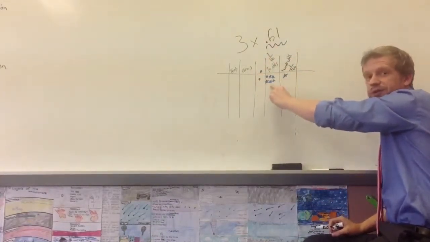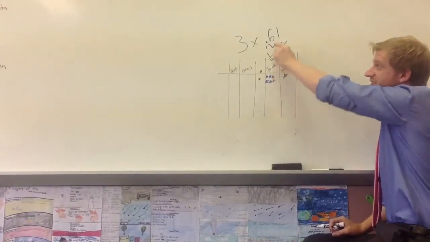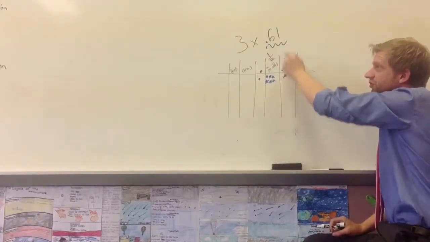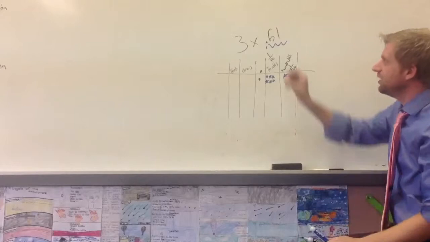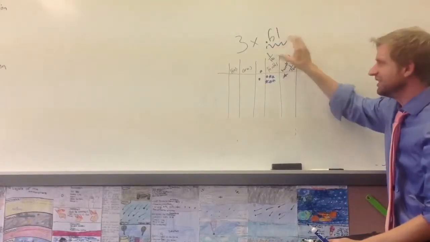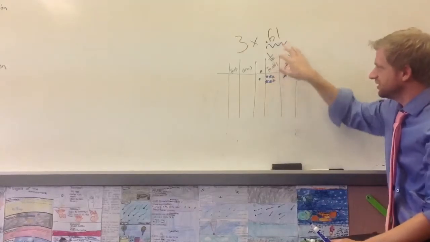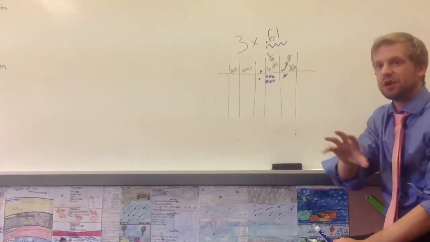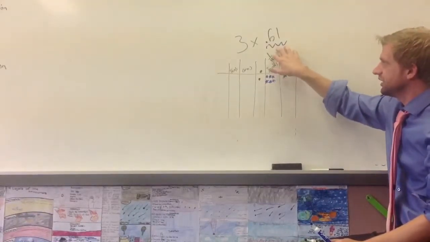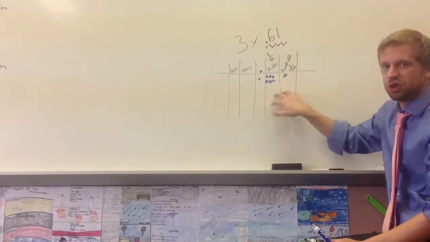Then I have 6 stars, so I have 6. And then I have 1 in the hundredths. So I've represented my number 61 hundredths on the place value chart using stars. That's the first step. The first step is to represent your decimal number on your place value chart.